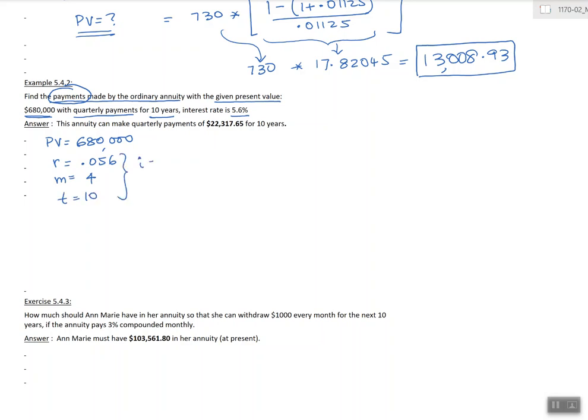So again, I is 0.014, N is obviously 40, and we have to find the payments that it can make. So let's write down the formula.